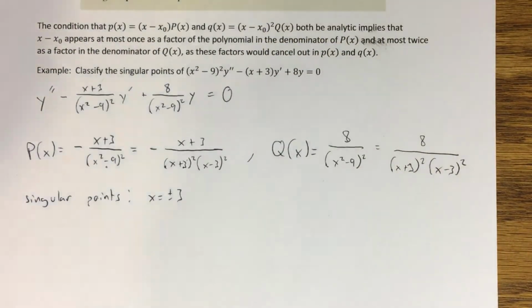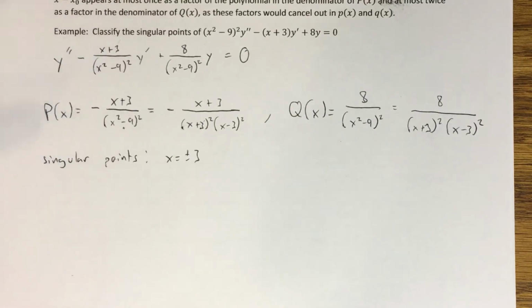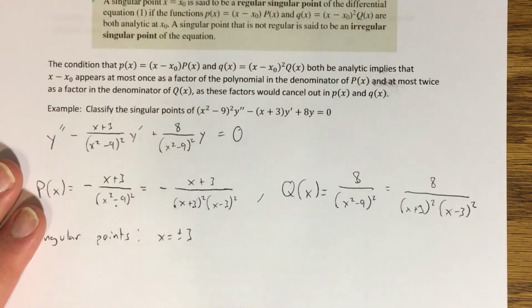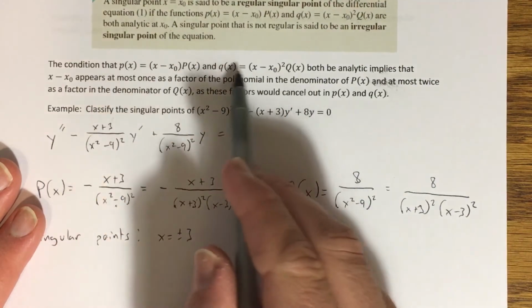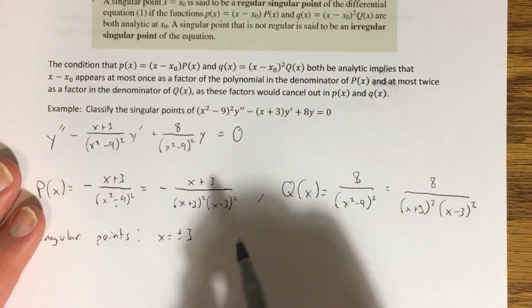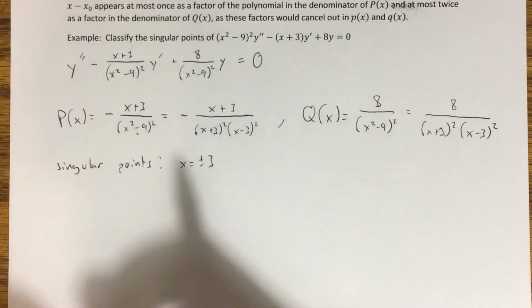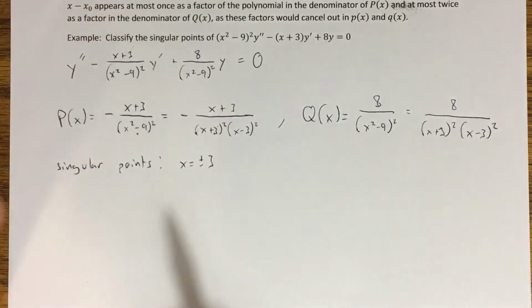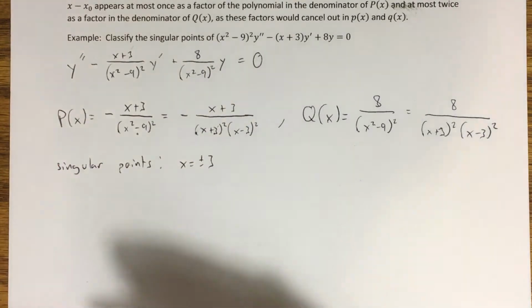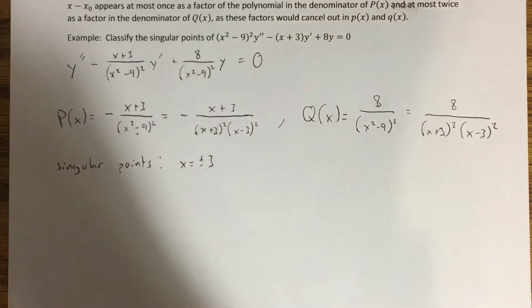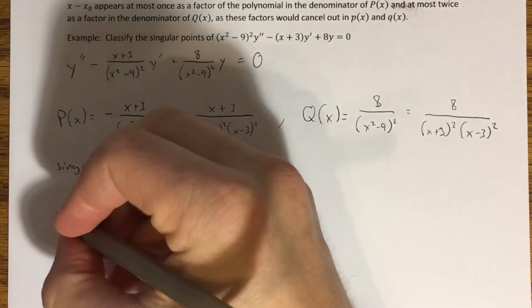So now we have to determine of those two singular points, which, if any, are regular and which, if any, are irregular. So now what we do is we take a look at these functions little p and little q that I've defined here, or we've also defined up here, and look at whether or not those functions are analytic at each of these singular points. So let's look at p, for example.